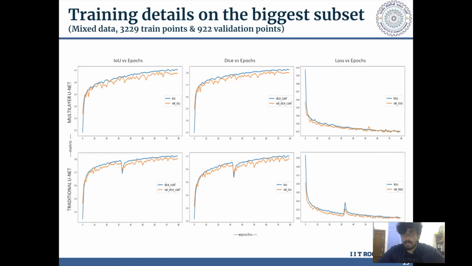Similarly, if we see loss versus epochs, we can see the loss is declining consistently throughout, which again tells us that if we increase the number of epochs, the loss will decrease further. So that's a good indication.